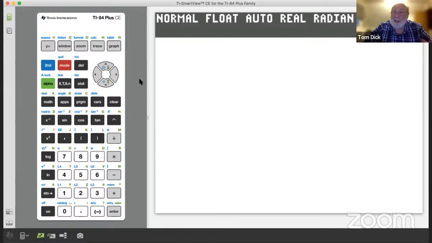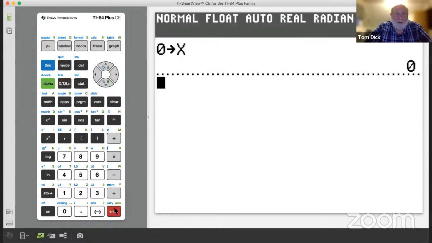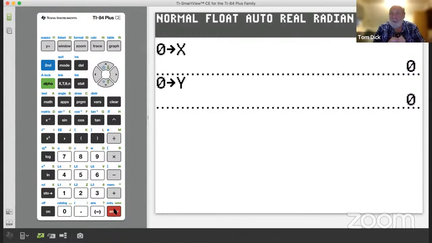First of all, I need to store the values of both x and y at which I want to evaluate this implicit derivative. I think that was the origin in this case. I'm just going to do 0 store x, and then I'll also do 0 store y. Okay, now that's the point of interest.